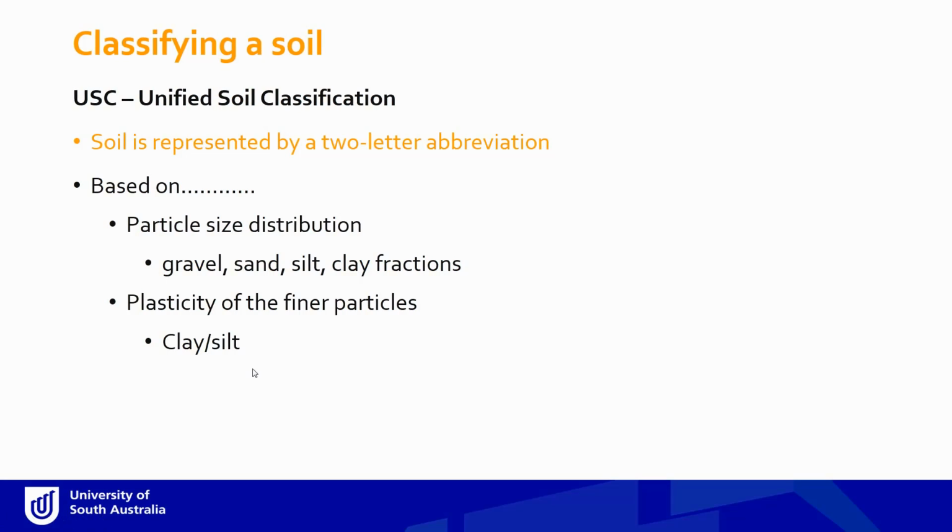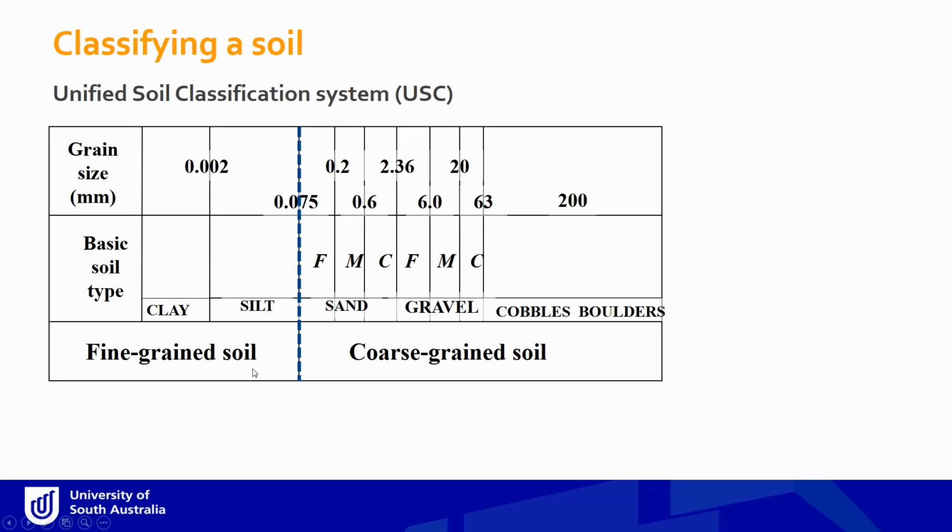Now, let's have a look at the particle sizes and what we call them according to the Unified Soil Classification System. In this chart, you can see the grain sizes are the numbers here, and what we call them is presented here. A gravel according to the Unified Soil Classification System is a soil particle whose size is between 2.36 and 63 millimeters.